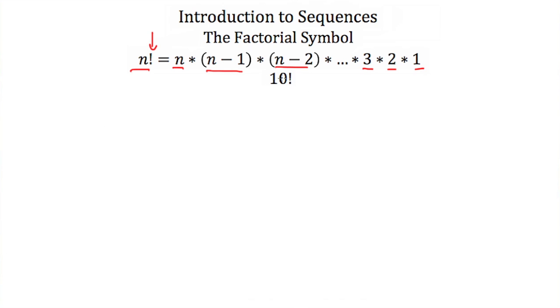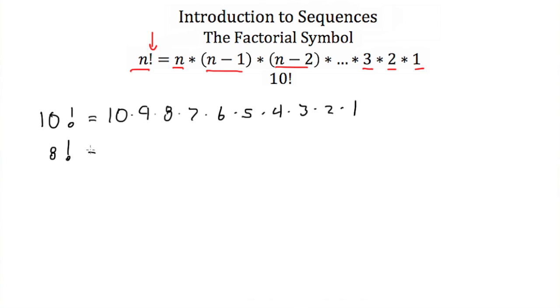So if I wanted to solve 10 factorial, well, 10 factorial, that's equal to 10 times 9 times 8 times 7 times 6, 5, 4, 3, 2, and 1. If I had 8 factorial, that'd be equal to 8 times 7 times 6 times 5 times 4 times 3 times 2 times 1.